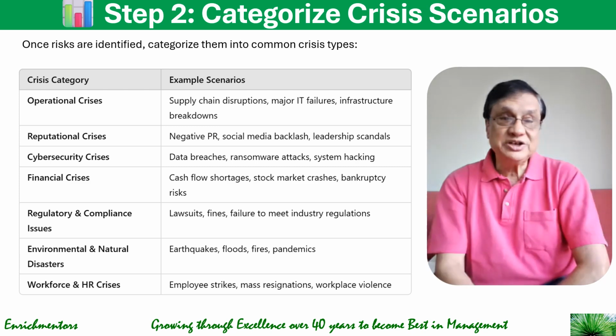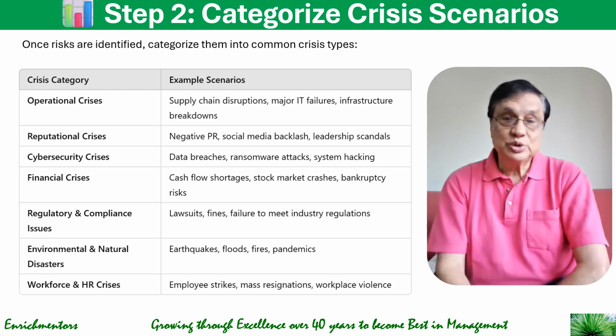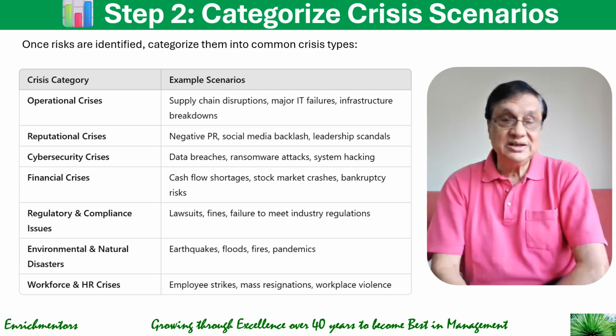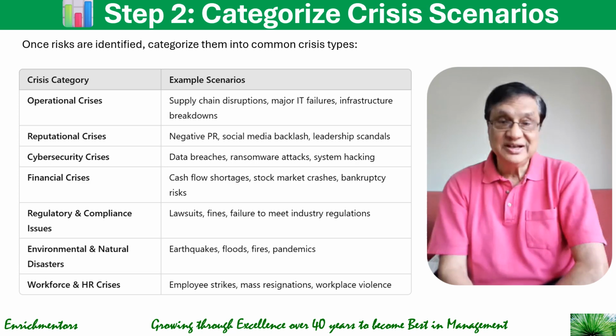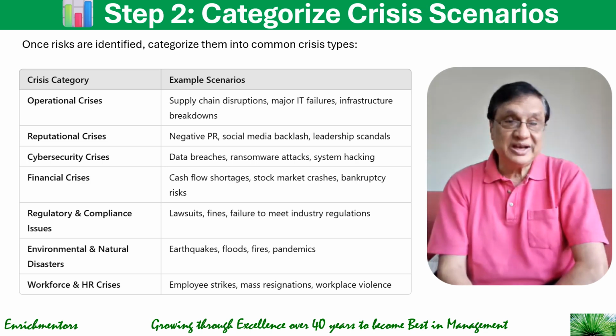There could be reputational crises like social media backlash, leadership scandals, negative PR. There could be cybersecurity crises: systems hacking, ransomware attacks, data breaches. There could be financial crises like shortages in cash flow, market crashes, bankruptcy. There could be regulatory and compliance issues, failure to meet industry regulations, lawsuits, notices.